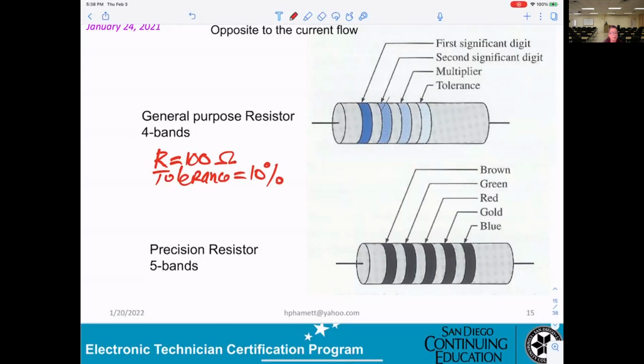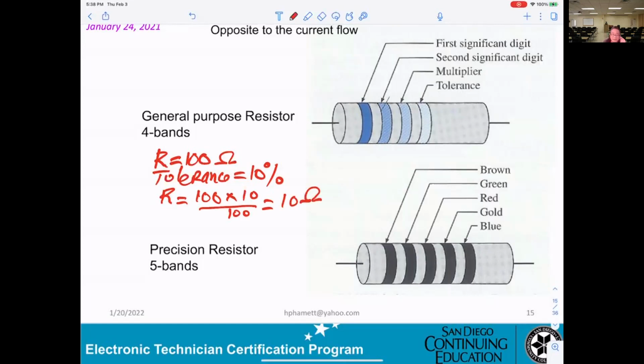So we have to calculate 10% of 100 ohm. First thing you need to calculate is 10%: 100 times 10%, so it's just 10 ohm.